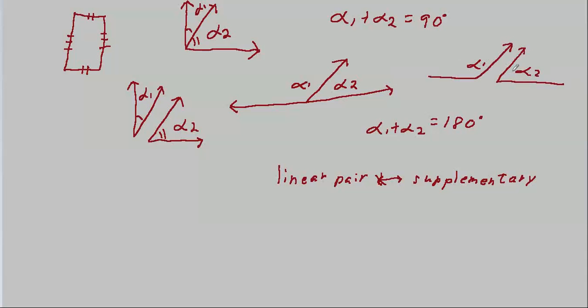These are not a linear pair. They're not on the same line. These are adjacent. That's what makes them a linear pair. And they're supplementary. So, if we were to say adjacent linear pair, then they would go both ways. But linear pair, that's this. It's not always supplementary.